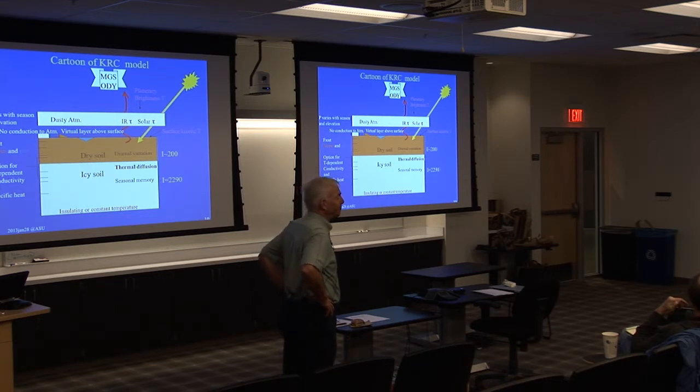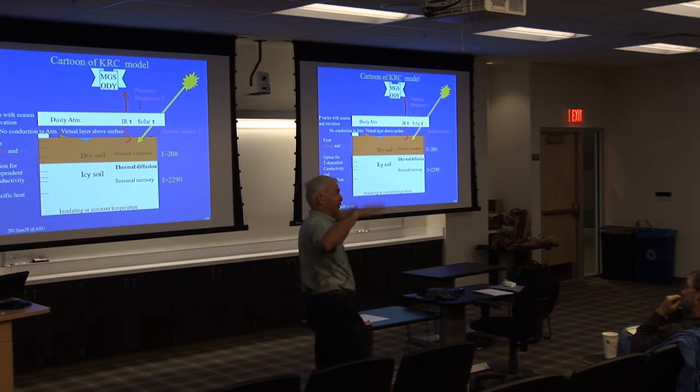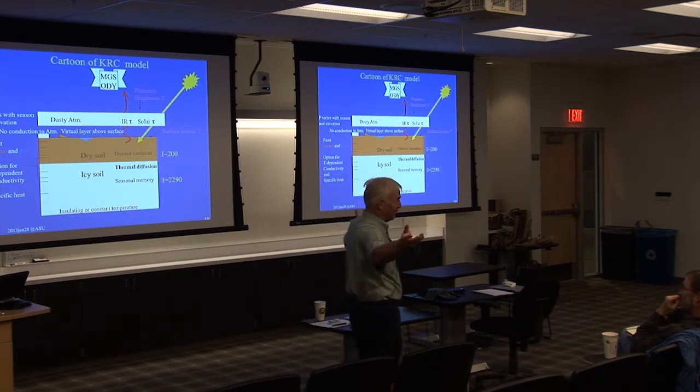So for a global view, KRC is good enough. I mean, for some very local place, it's not that good, right? I would not make that statement. But as you'll see later, KRC, except for the pressure being a function of polar cap mass, KRC runs one place at a time.